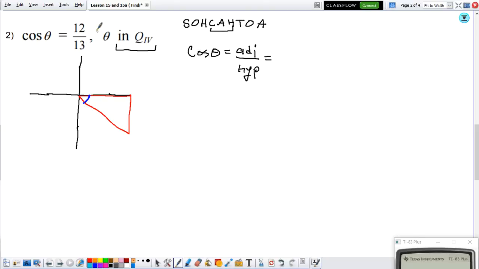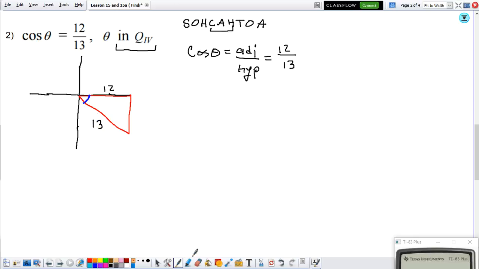So that says that the adjacent has a value of 12 and the hypotenuse has a value of 13. So let's place that in. This is the angle. This is the opposite. We don't know anything about the opposite. So that means that the adjacent is 12 and the hypotenuse is 13.